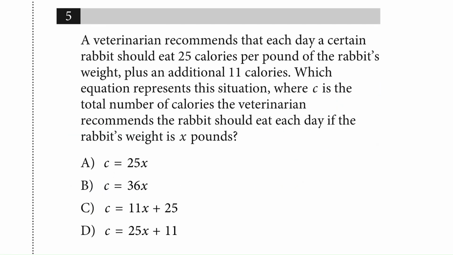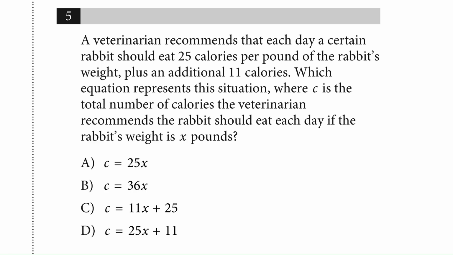A veterinarian recommends that each day a certain rabbit should eat 25 calories per pound of the rabbit's weight, plus an additional 11 calories. Which equation represents this situation, where C is the total number of calories the veterinarian recommends the rabbit should eat each day if the rabbit's weight is X pounds?